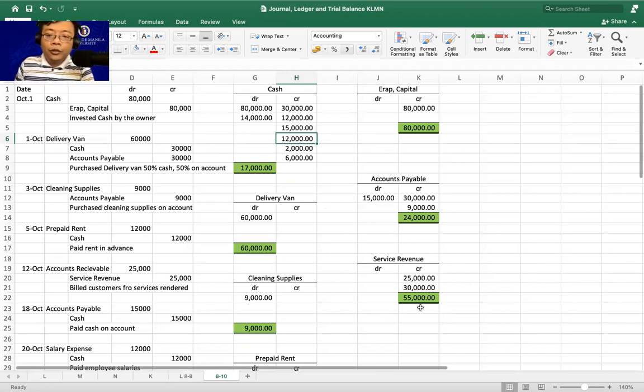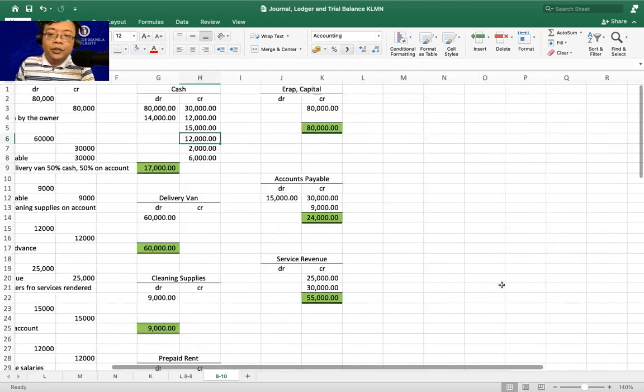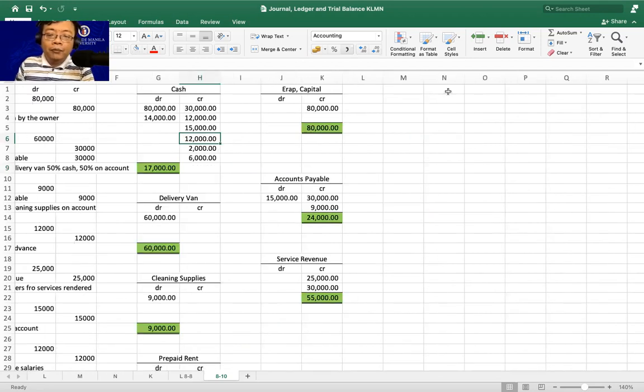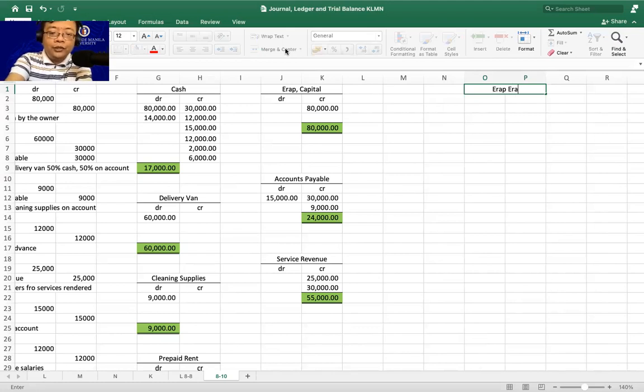So in terms of the trial balance, we have here Eruption, yun yung pangalan. Napakaganda ng pangalan, no? Eruption Washing Service. Eruption na lang.